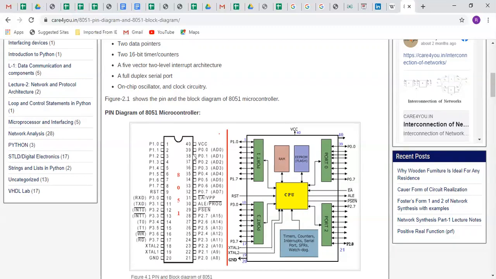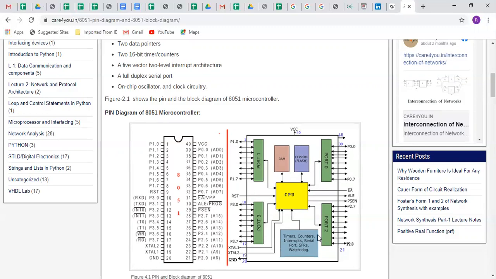Some of the additional pins are the power pin, pin number 40 VCC, pin number 20 ground, pin number 29 PSEN, pin number 30 ALE, and pin number 31 EA bar, so that it decides whether the external memory is to be used or not.